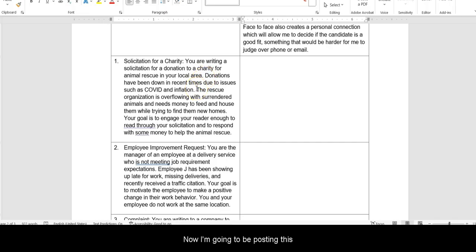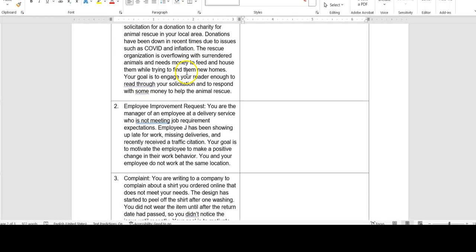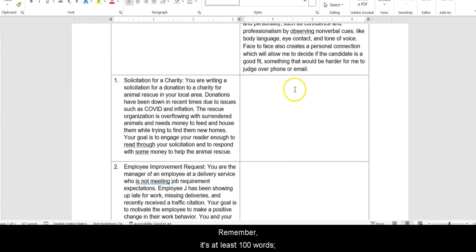Now, I'm going to be posting this in an announcement, and there will be some examples, another example as well, and some further information. You're going to do this for all 7. Remember, it's at least 100 words.